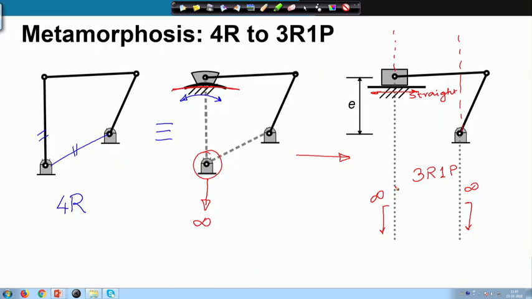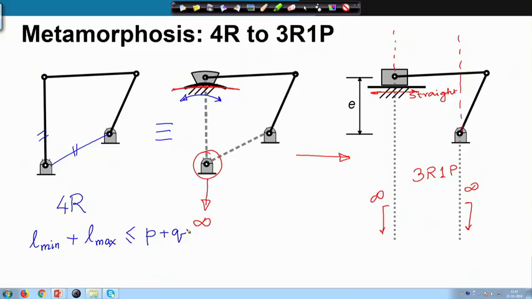So, the longest link length is definitely infinity. Now, let us go back to the Grashof criterion for the 4R chain. L min plus L max is less than equal to P plus Q.